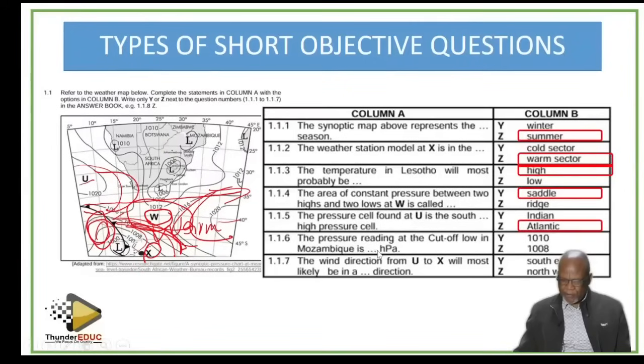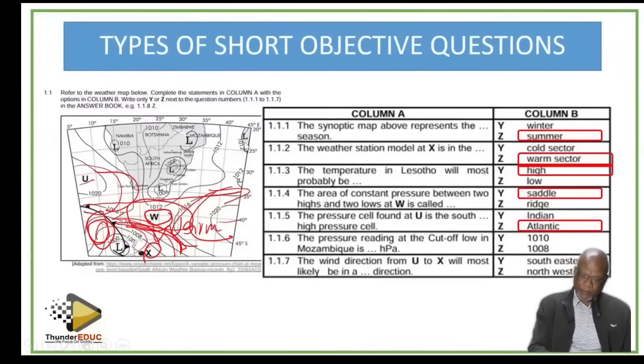And then the next question, the pressure reading at the cut-off low in Mozambique is blank hPa. Is it 10, or is it 1008? So you go there, and you say this Mozambique, the isobar is not given. So it is given here. But what you should know, what is an isobar?